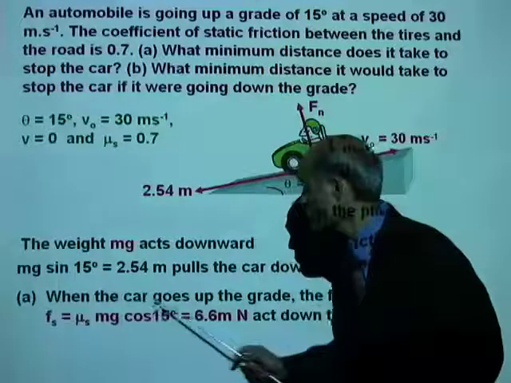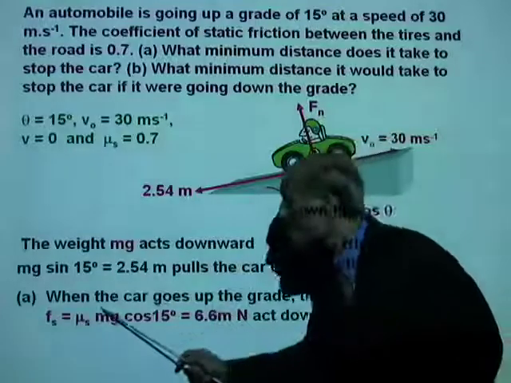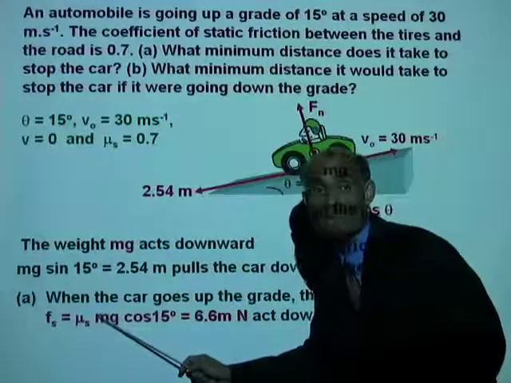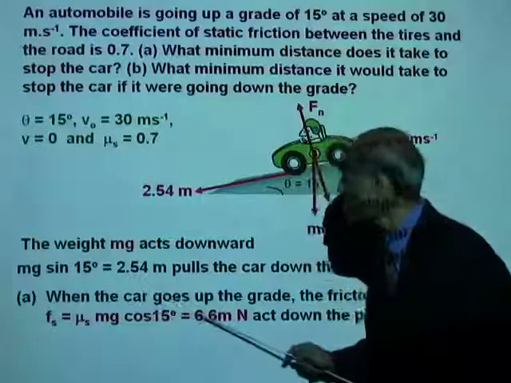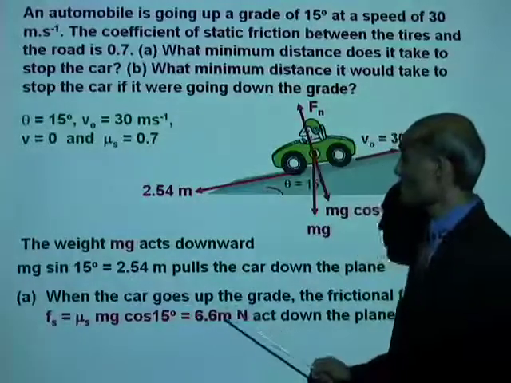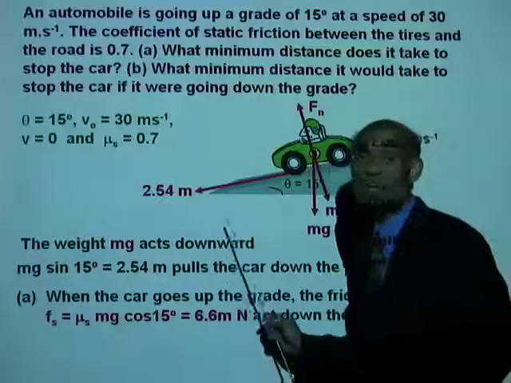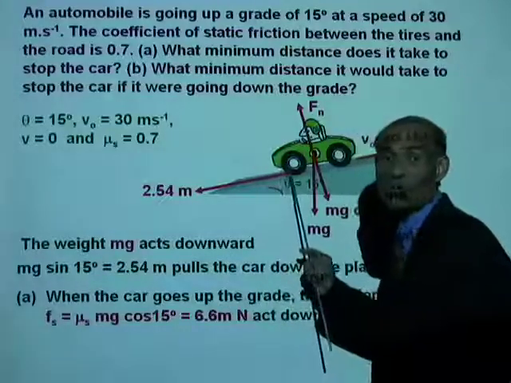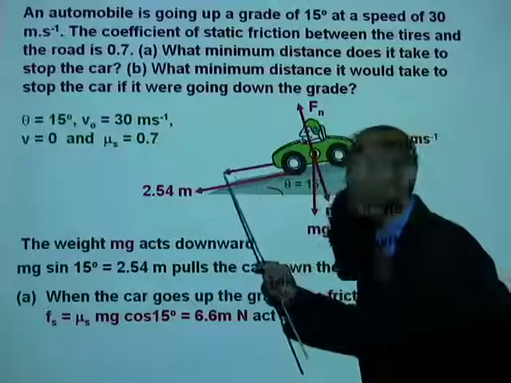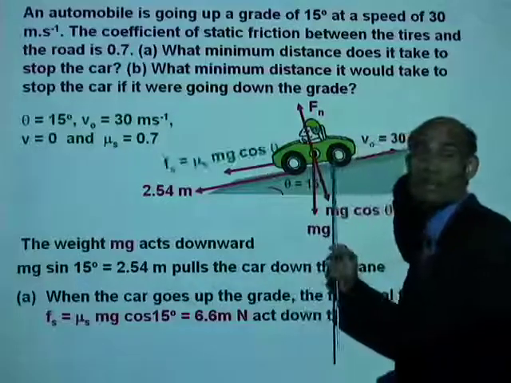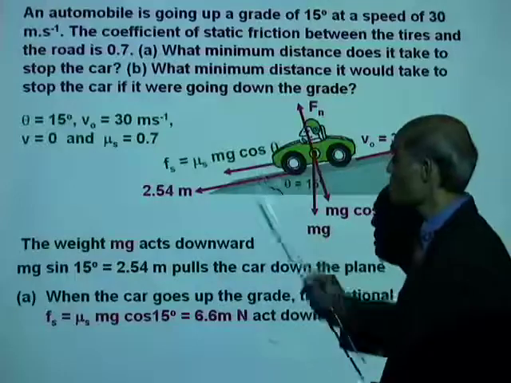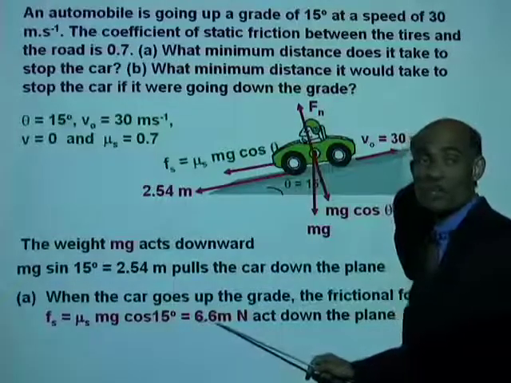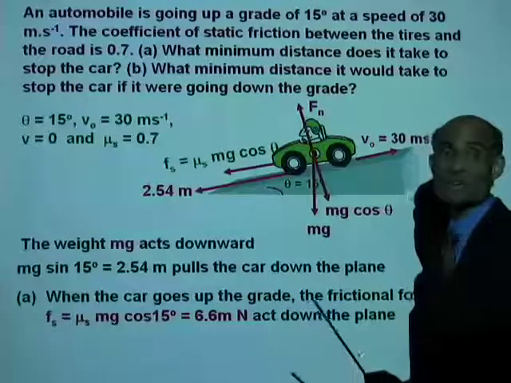That means Fs is 6.6 m. We don't know the mass of the car, so we leave it as such. And what is the direction of that frictional force? It is down the grade because the car is going up. So Fs equal to mu s mg cos theta, which is equal to 6.6 m.